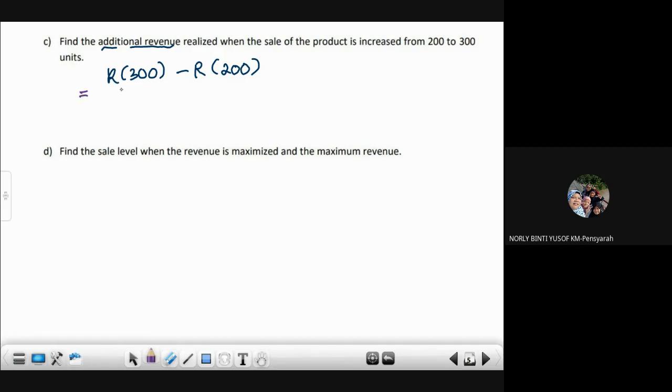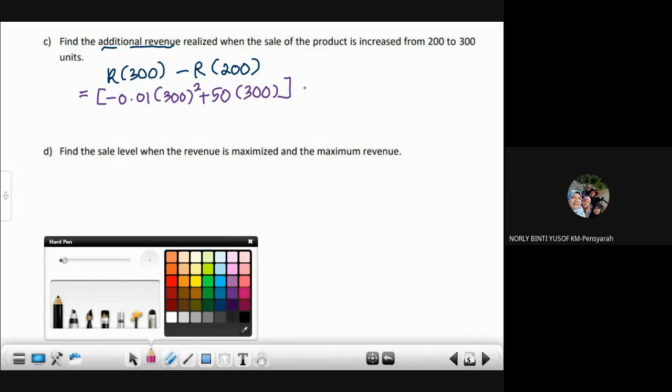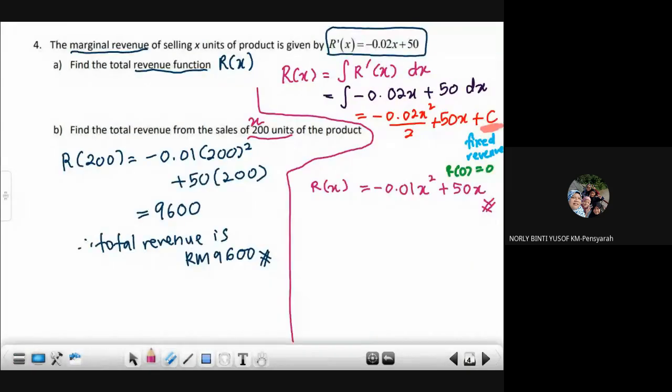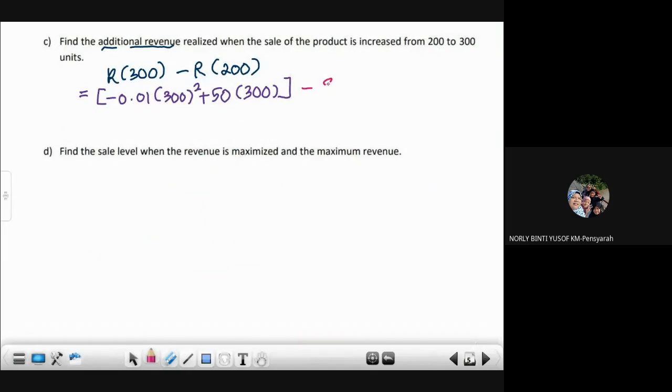Okay, so you masukkan negatif 0.01, 300 kuasa 2 tambah 50 darab 300. Okay, ini untuk revenue function bila kuantiti dia 300. Okay, untuk revenue function 200 sudah kira dekat B tadi is 9,600. So you just sub lah inside, then you calculate.